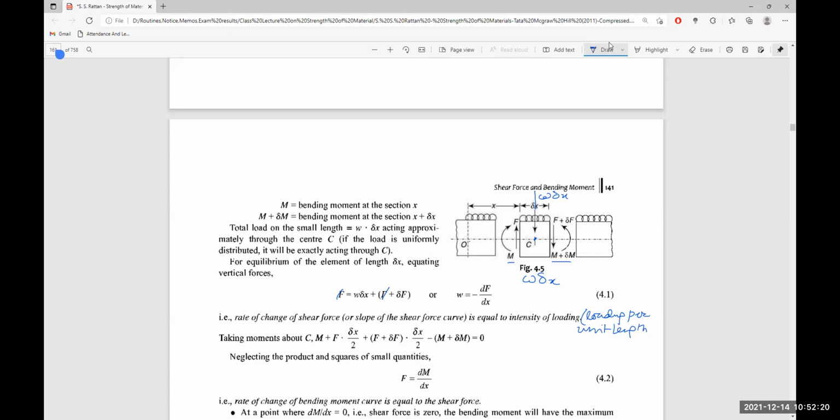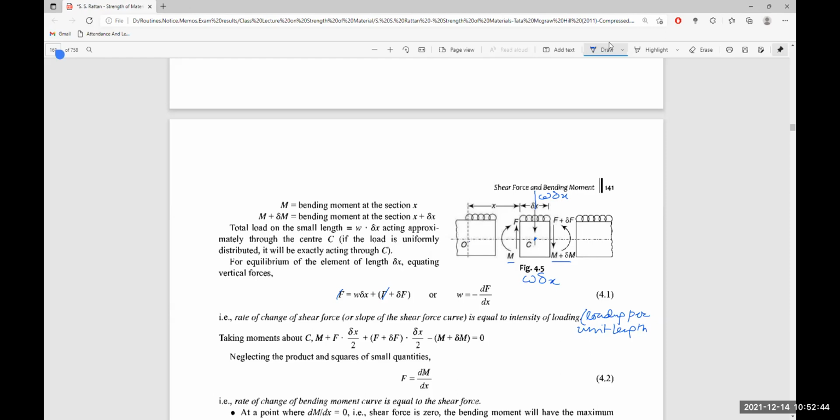And if we take the moment about C, then the moment terms will be M, and F times delta x by 2, because delta x is the total length and half of the length is the distance from the point C to the end.